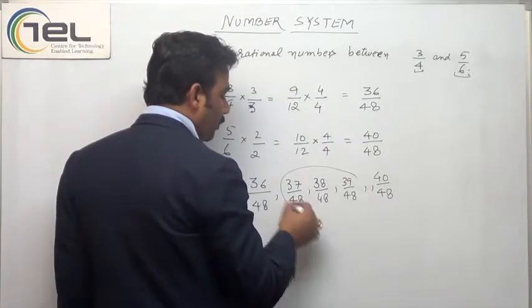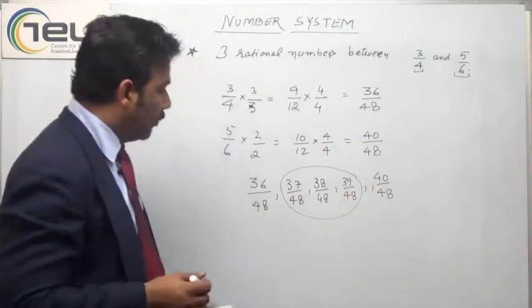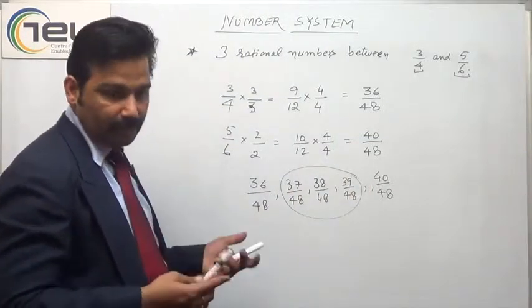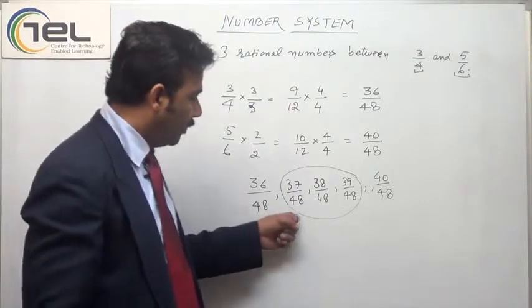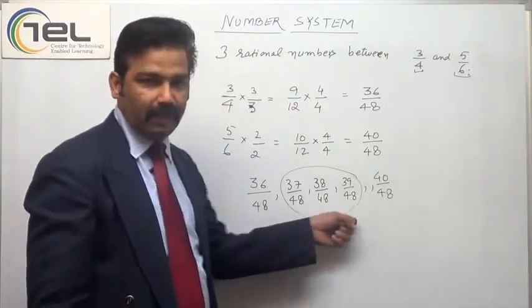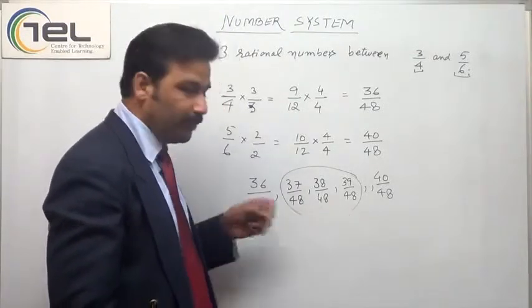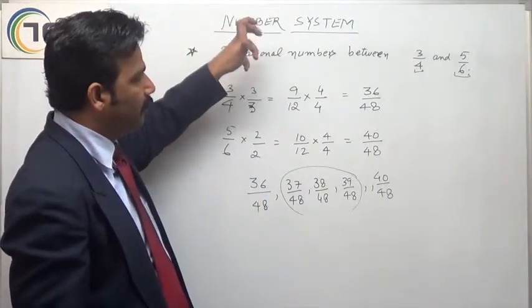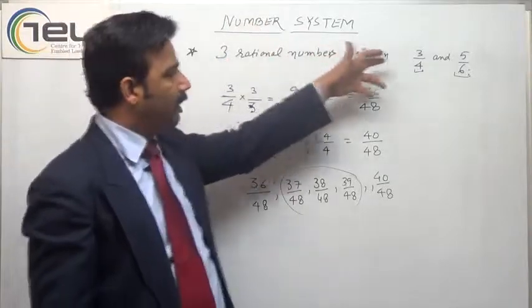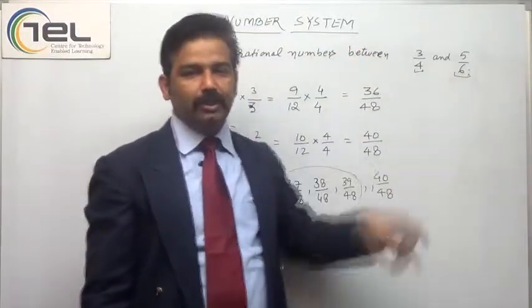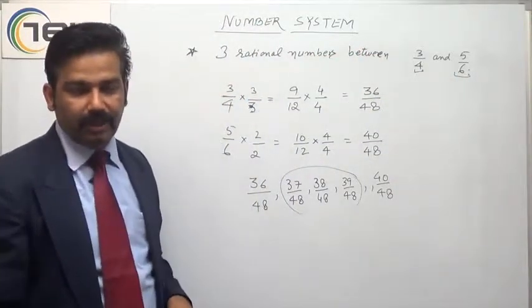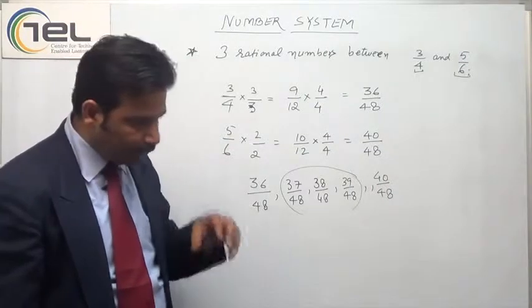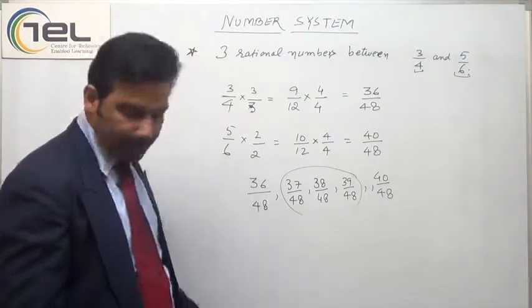I have 3 different rational numbers between them, which is my need. So this is another way of finding rational numbers between two given rational numbers, by making the denominators equal.